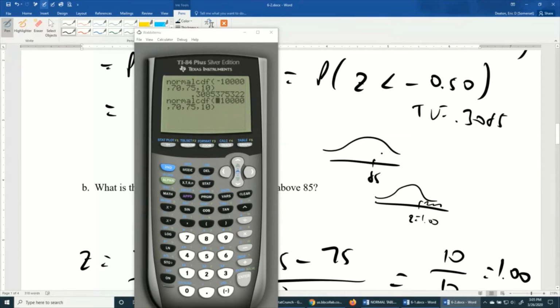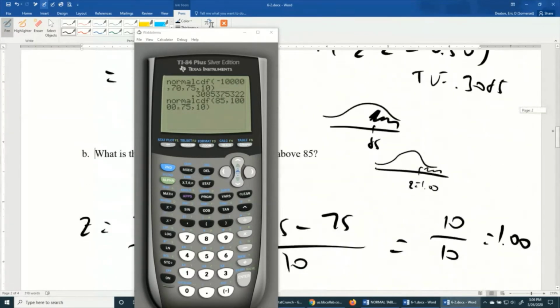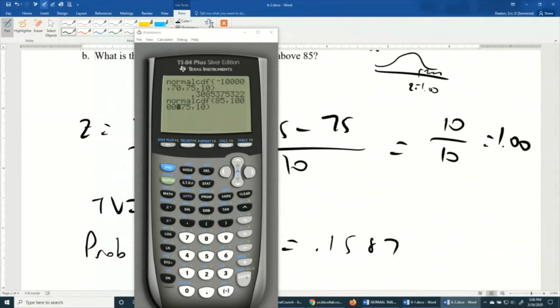Above is greater than, so this is going to be 85, comma, and this time we use a really big number, so just use 10,000. The mean and standard deviation are the same. See the answer.